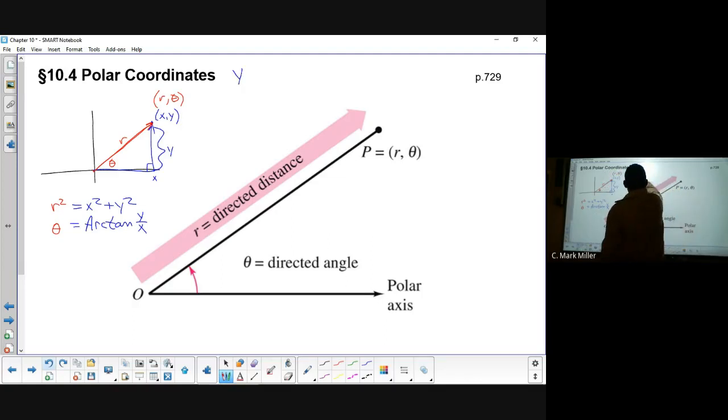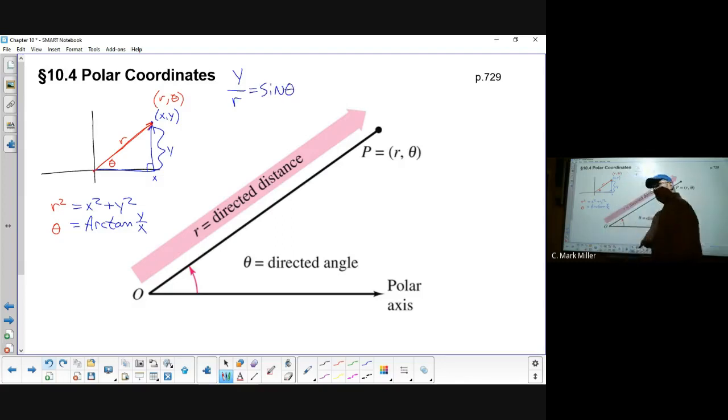Opposite over hypotenuse is the sine of theta. Right? This is opposite. This is hypotenuse. Well, that means that y is r sine theta.